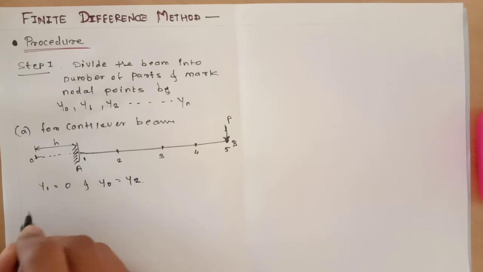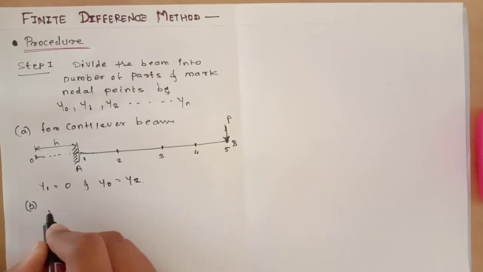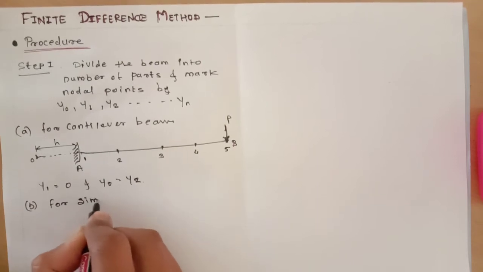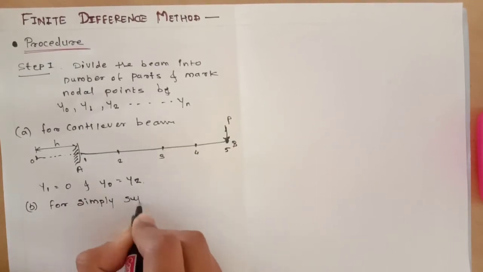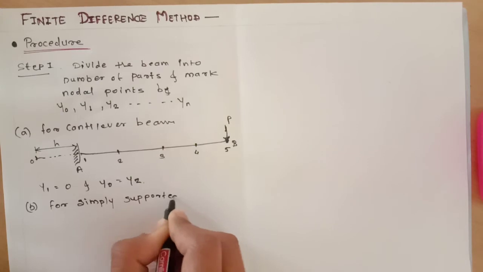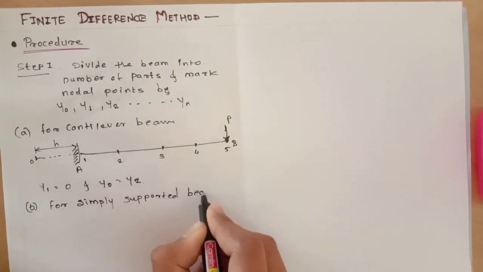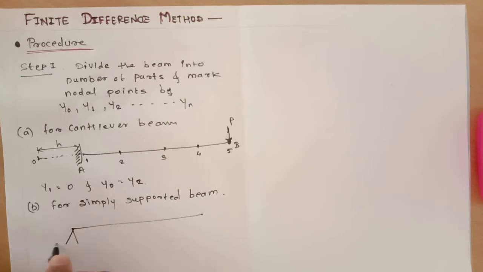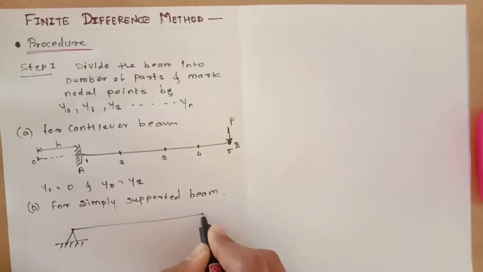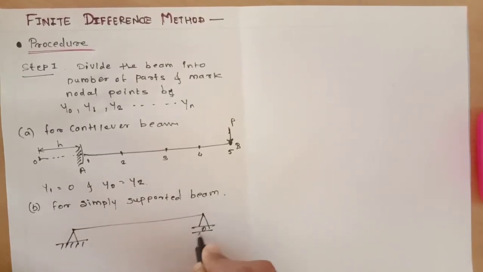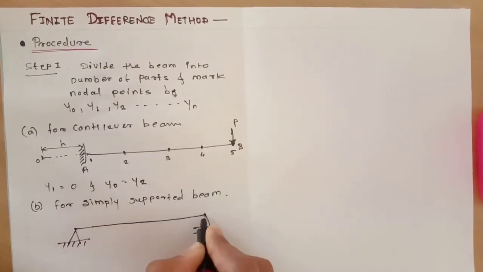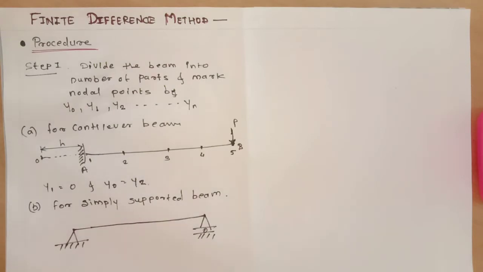The next is, suppose we consider a simply supported beam. In that, there is no need to take a dummy node point.